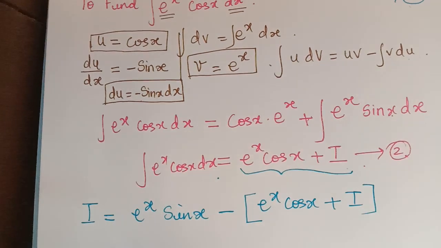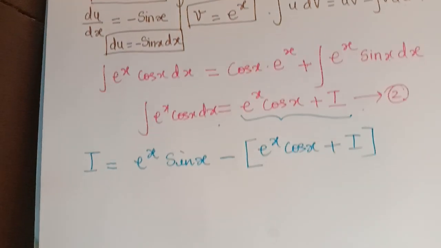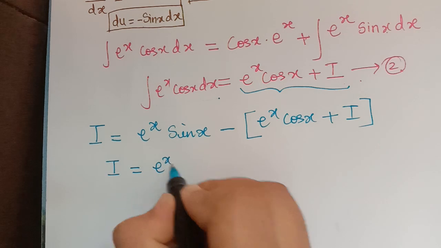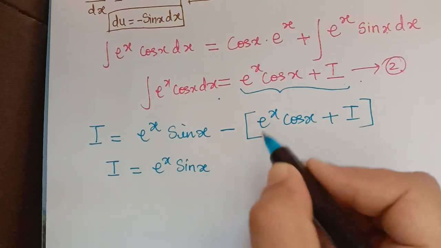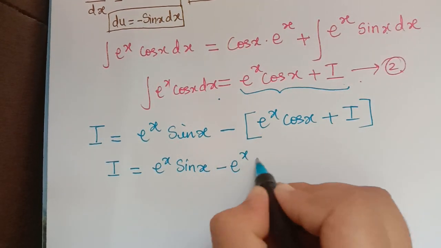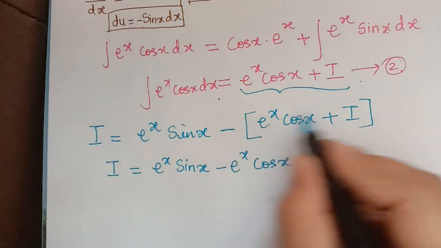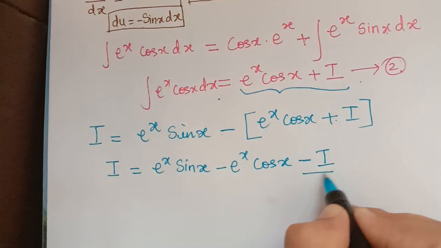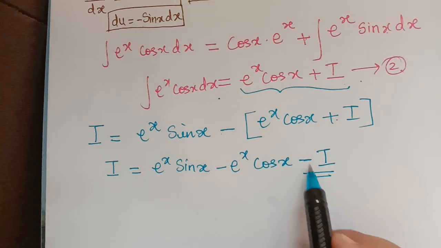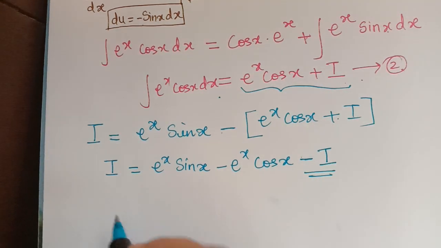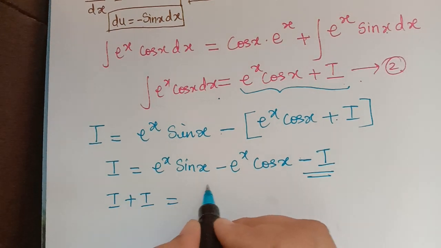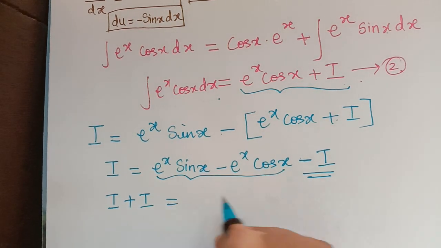Now on simplification this will become, so I will be equal to e power x sin x and then minus e power x cos x, then minus into plus is minus I. Now taking this I to the left hand side, this negative I will become positive. So it will become I plus I equal to, now in these two terms e power x is common.